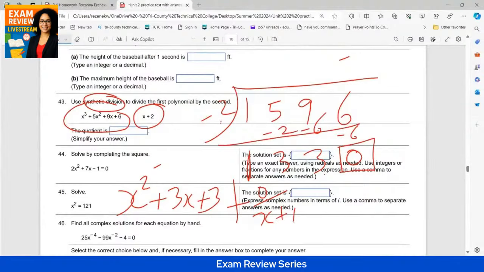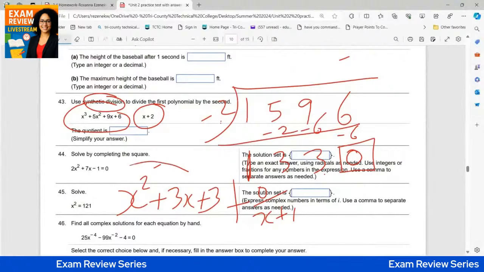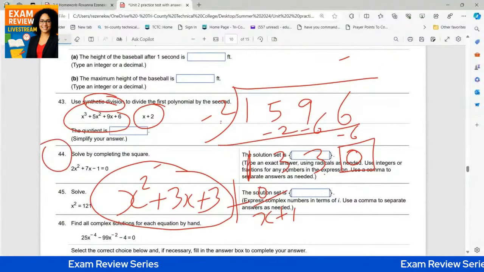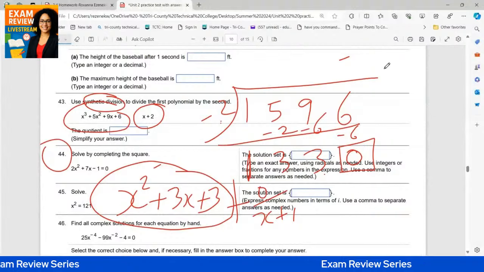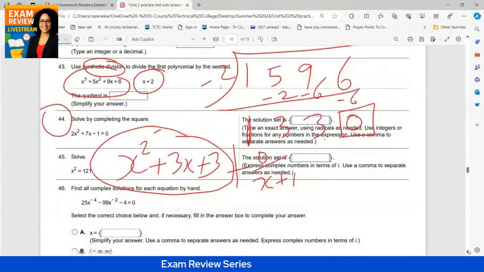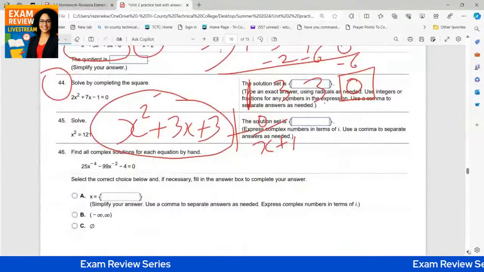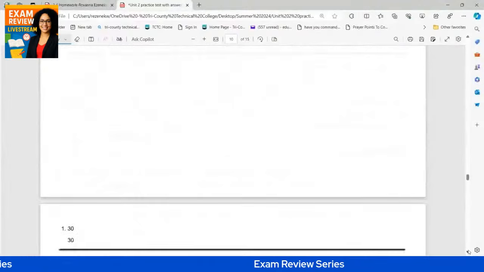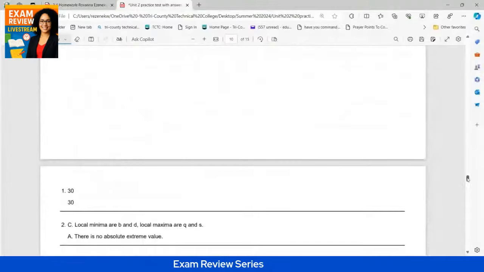So I have finished dividing, and this is the quotient. Any question? This is another solve by completing the square, and you will keep seeing solve by completing the square. Do we have time? We only have 3 minutes remaining. So we did justice to 3.4.